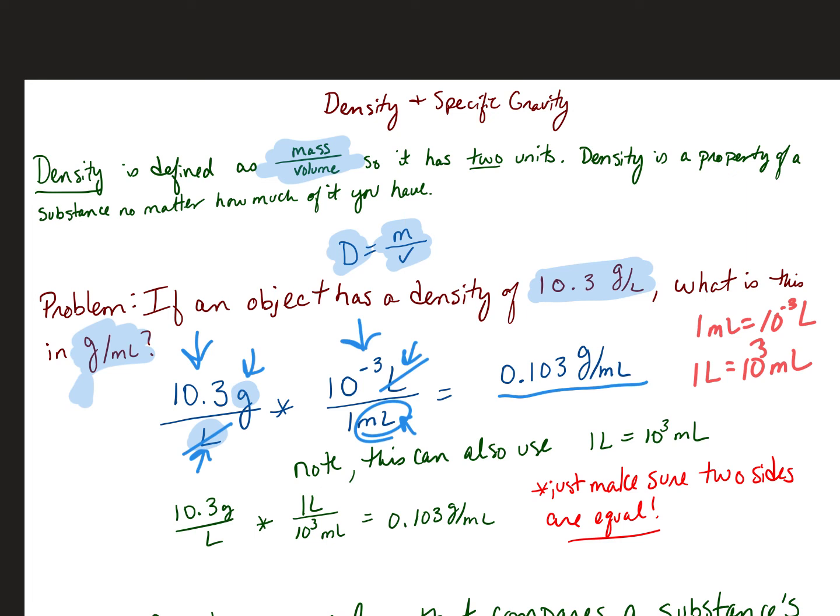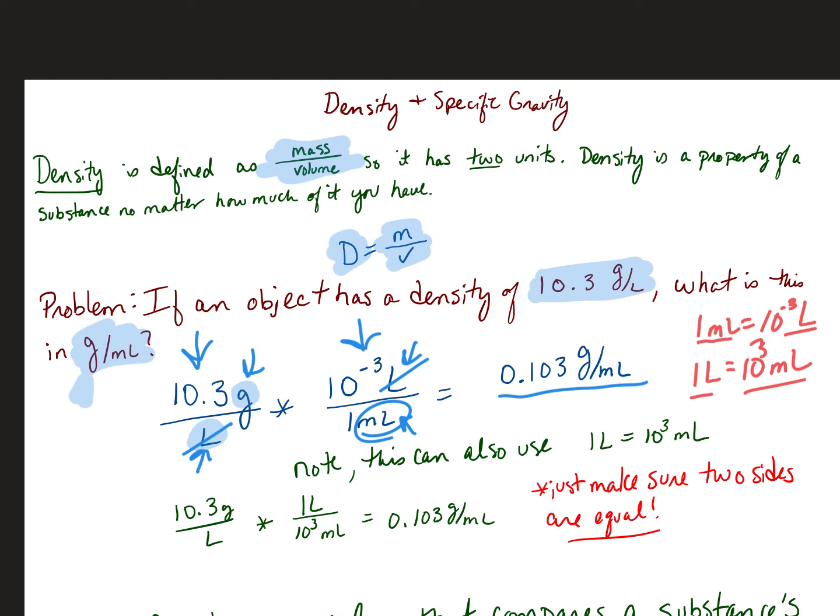Here's what you need to check. In your brain you can say, oh, milliliter is smaller than liter, so we need a teeny tiny amount of liters to make 1 milliliter. True. Or on the bottom we could say 1 liter is much bigger than a milliliter, so we need 10 to the third milliliters for that. Also true. So make sure that the conversion factor that you're using is consistent with what's in the problem.